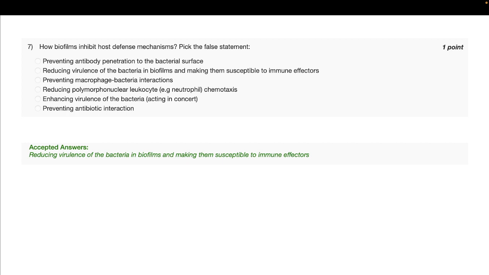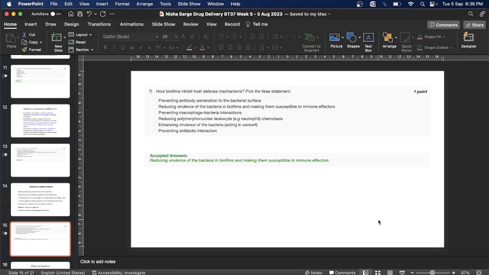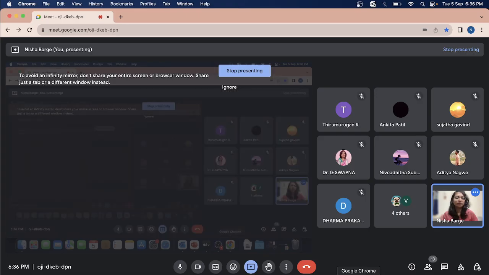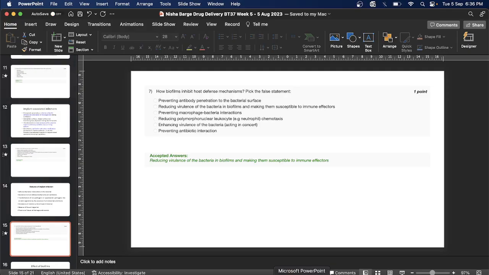Biofilms do not inhibit any immune effectors, or they do not reduce the virulence of the bacteria. On the other hand, they actually enhance the virulence of the bacteria, and they make the bacteria more resistant to the immune effectors. Any questions here?